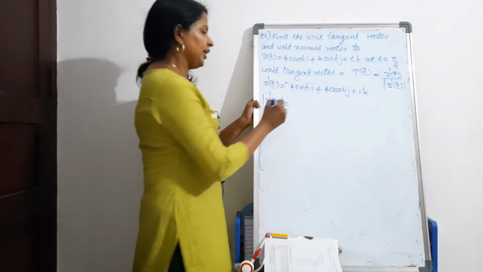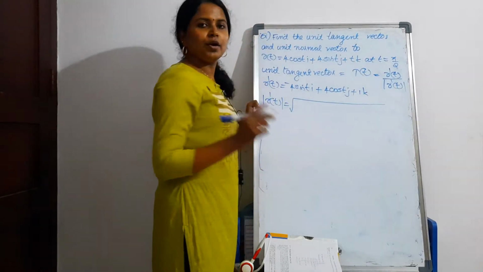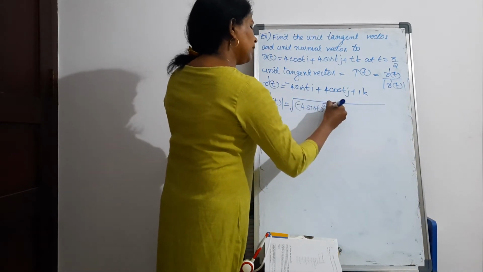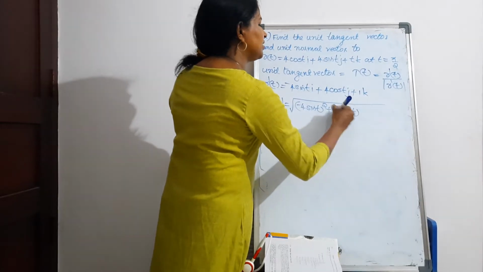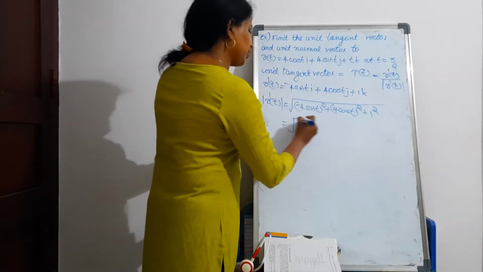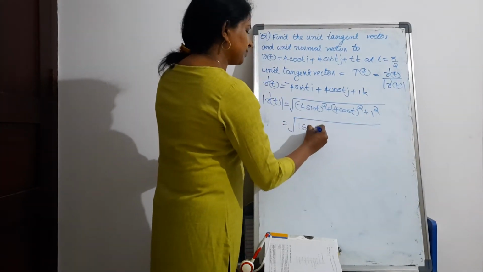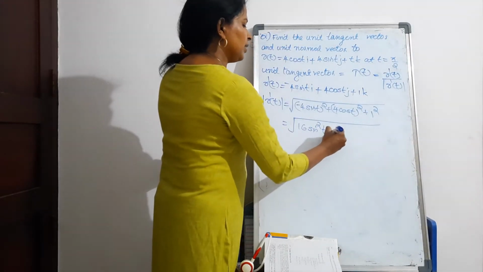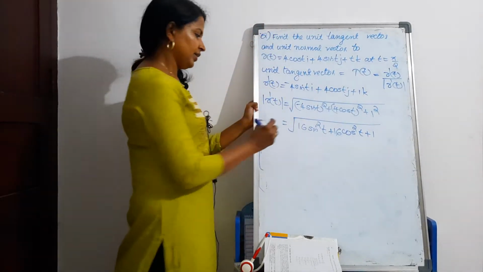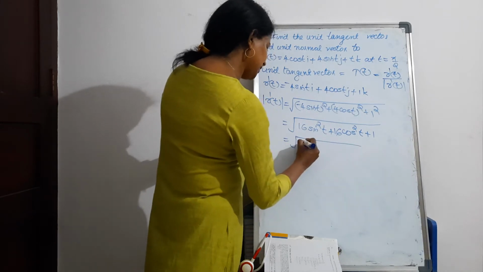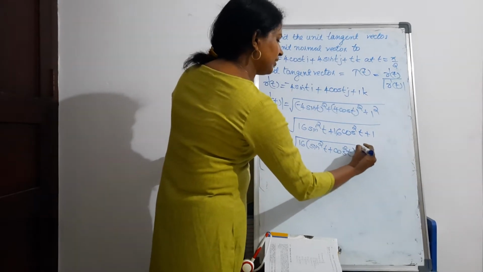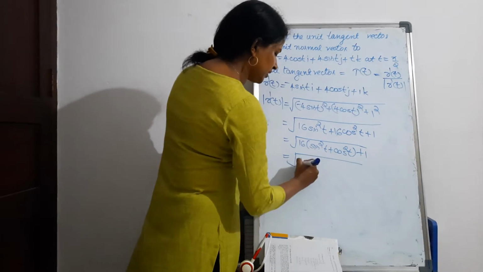The modulus of r dash t is the square root of the coefficient of i squared, that is minus 4 sin t squared plus 4 cos t squared plus 1 squared, which is the square root of 16 sin square t plus 16 cos square t plus 1, that is root of 16 into sin square t plus cos square t, plus 1.